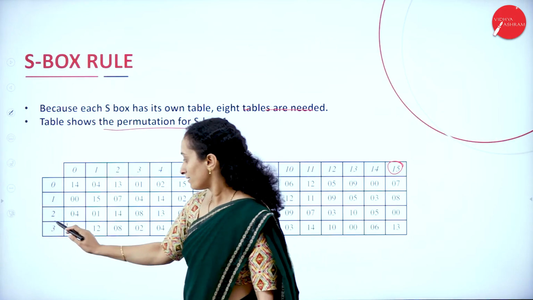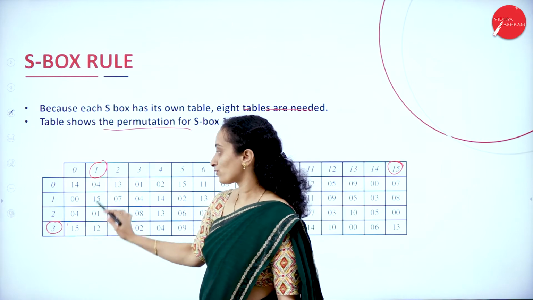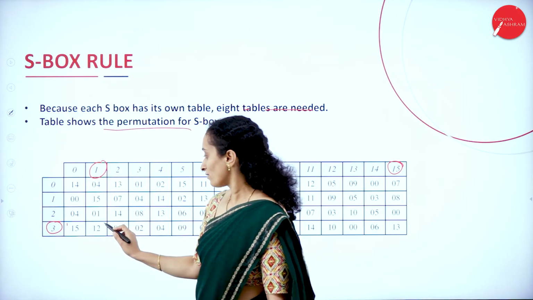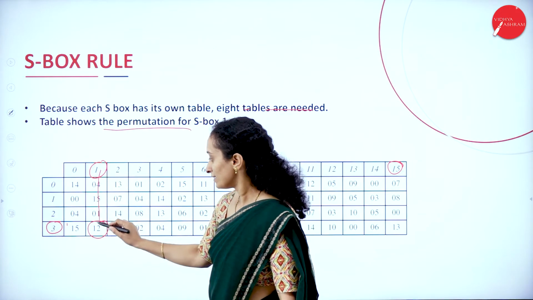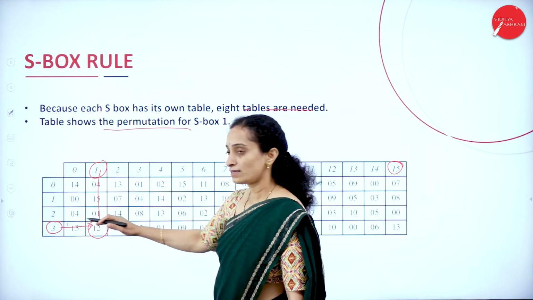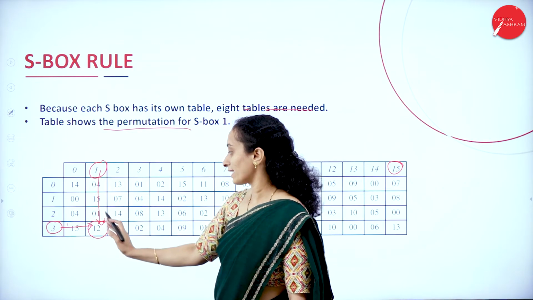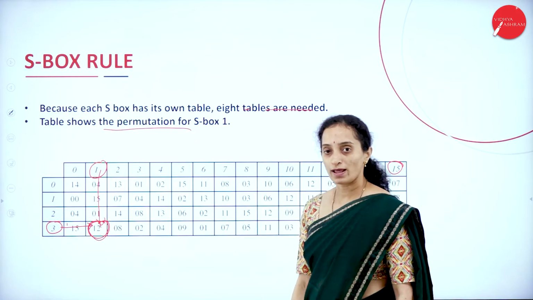Now we have the values 3 and 1, that is 4th row and 2nd column. What is the value written in the corresponding cell? The corresponding value is 12.